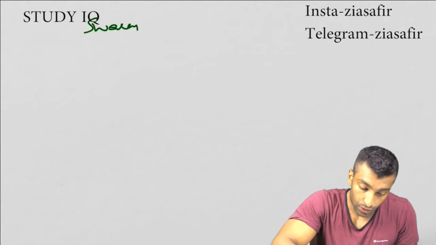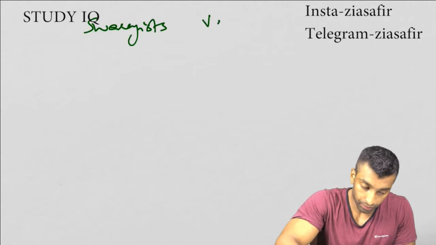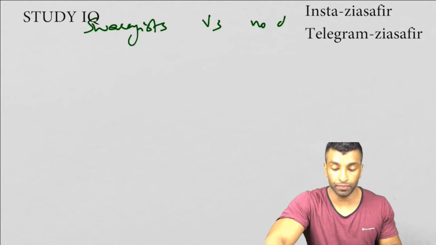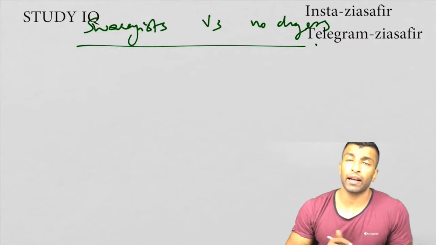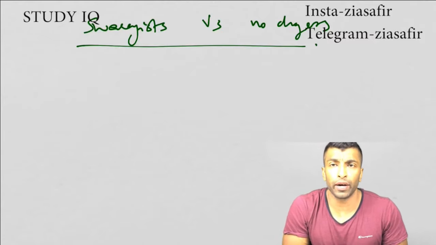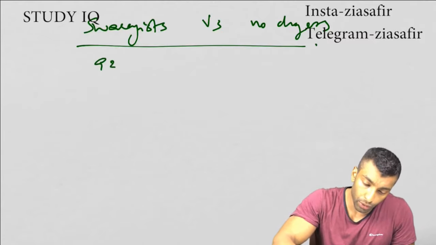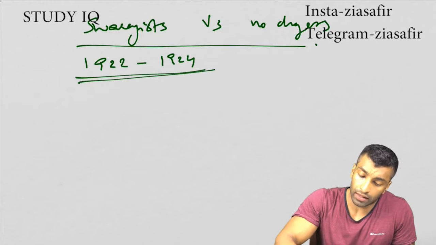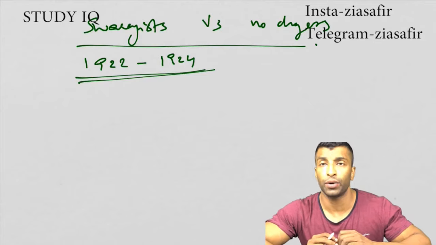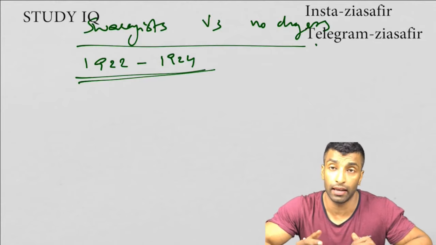Swarajist versus No Changers. So this debate actually started from 1922 onwards, and from 1922 to 1924 this debate went on. The crux of this debate is whether the Congress should contest the next election.